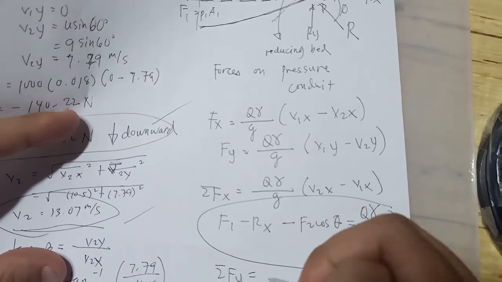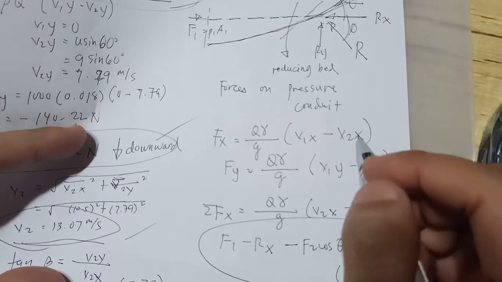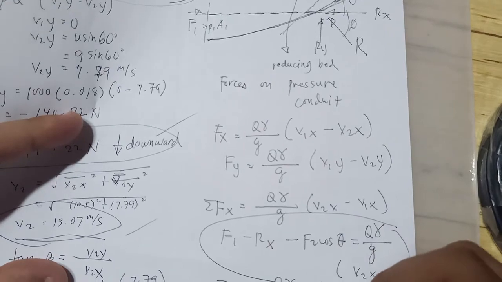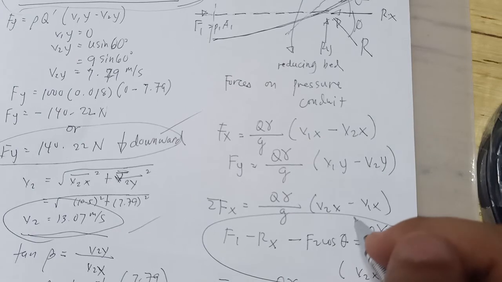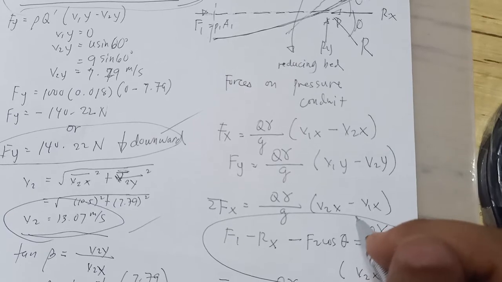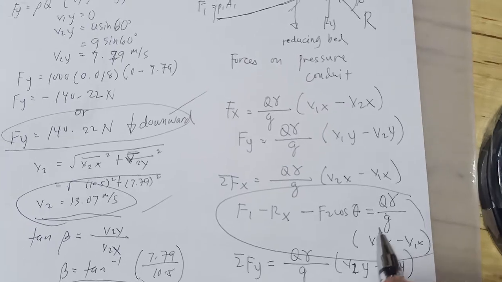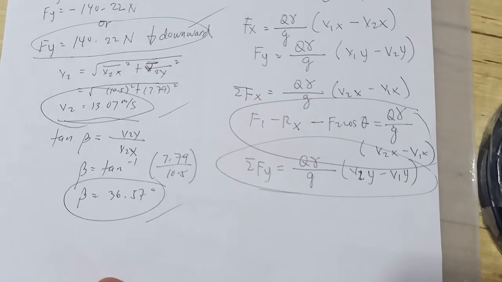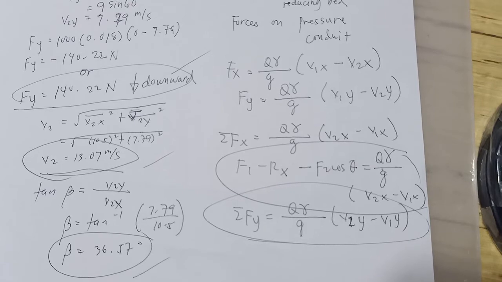Summation of forces along Y, wherein Q gamma over G times V sub 2y minus V sub 1y. So this is another formula. So I will be giving examples so that you can relate, or we can use the formula shown to you.